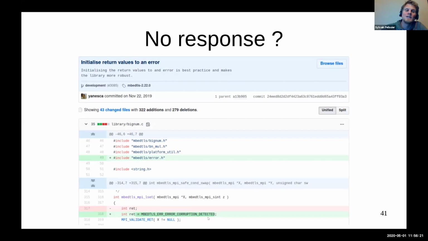We don't know if it's linked to our disclosure or not, but that was really nice for them. However, it did not correct our vulnerability, because in the code, the error status is first used with an initialization function, and then it is reused again with the function we attack. So the return value will be initialized with success anyway, so our attack is not thwarted by this correction.